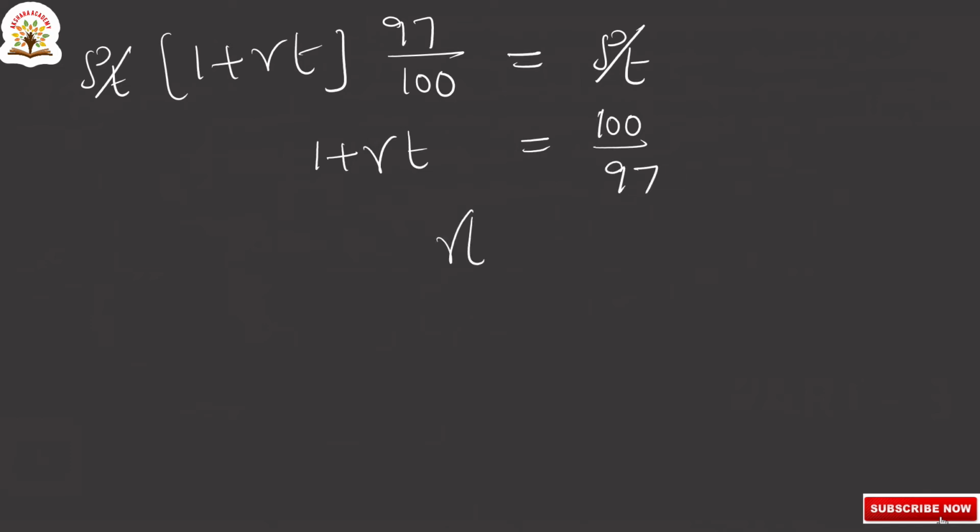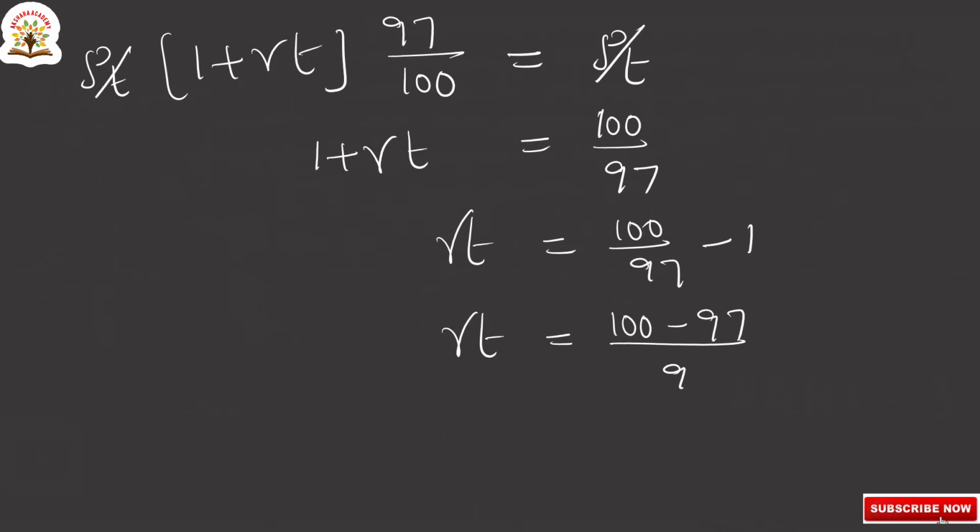So gamma T is equal to 100 by 97 minus 1. So gamma T is equal to, taking LCM, 100 minus 97 by 97. That implies 3 by 97.